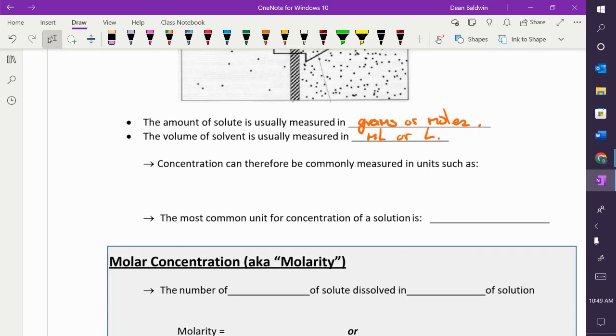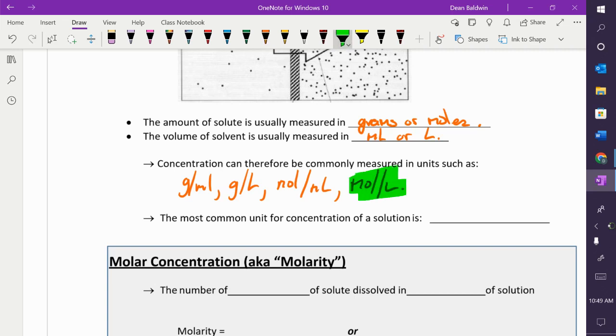So when you're talking about concentration, the units can be grams per mil, grams per liter, moles per mil, or moles per liter. This last one is the one we're going to focus on.